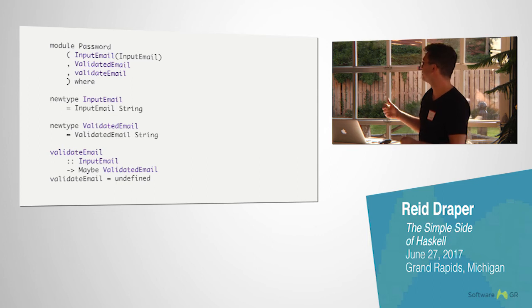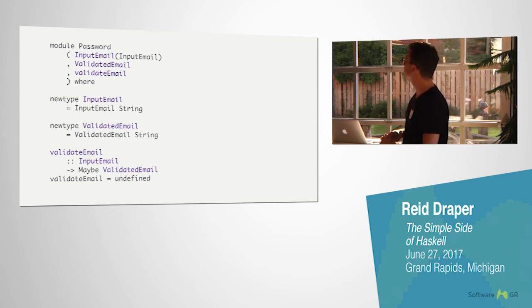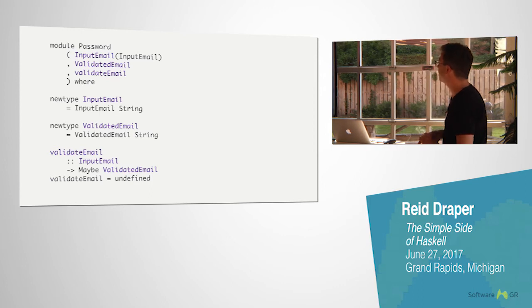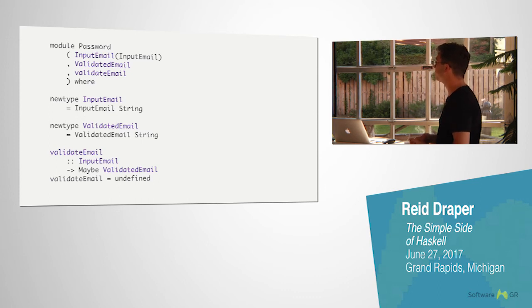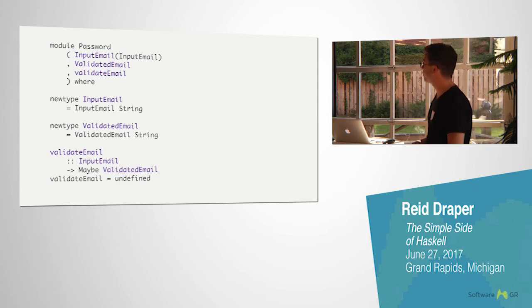This is very similar to the last example. I mean, it's basically identical. We have an input email and a validated email. They're both built on the underlying string type. We export the ability to create an input email from a string, but not a validated email. And then we export a function called validate email.